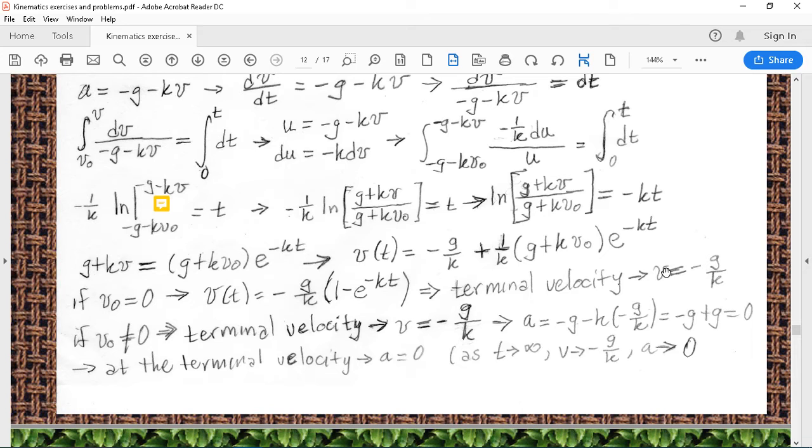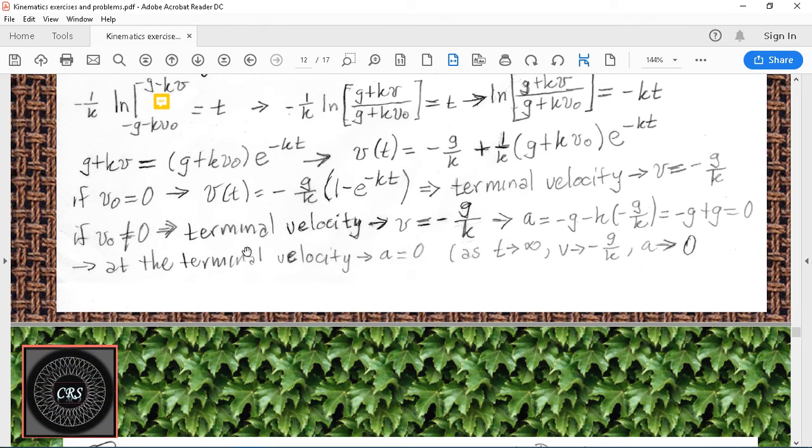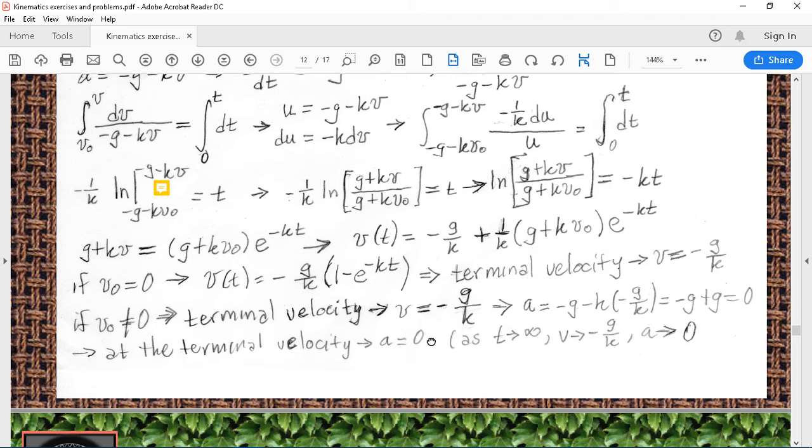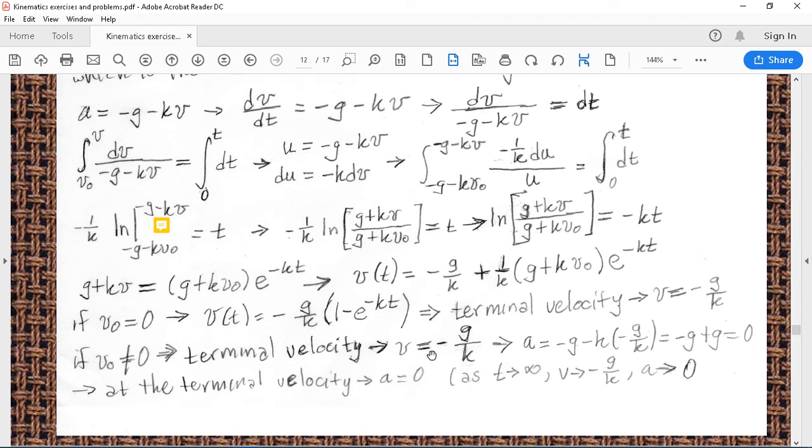Okay, we can continue. At the terminal velocity, we also have that a would be 0. That means the acceleration turns to 0.